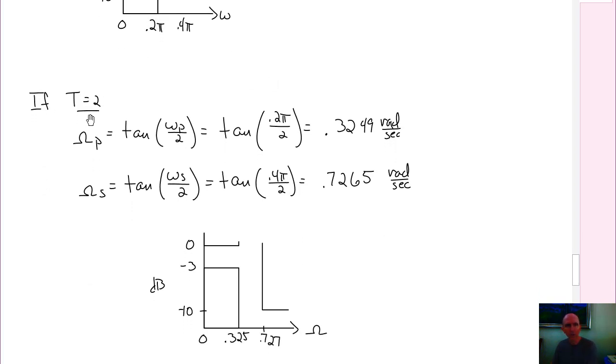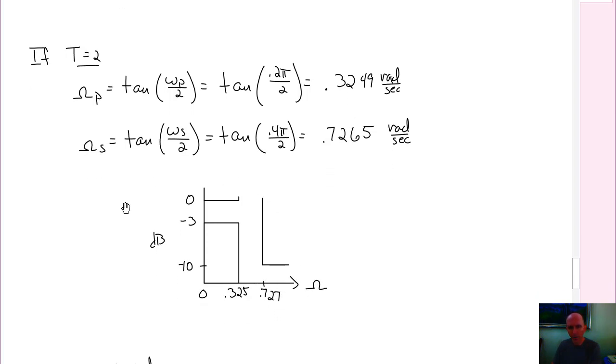Let's say we choose T to be equal to 2. This will be our relationship. We can substitute omega p in, and we can calculate whatever the tangent is, 0.32, 0.33 in this case. We do the same thing for omega s, and we get our frequencies. And so these would be the specifications that we now use to design our analog filters, what we had talked about in the last video.